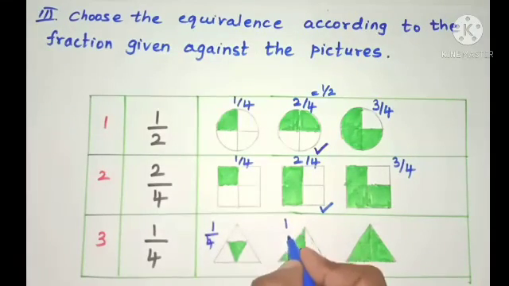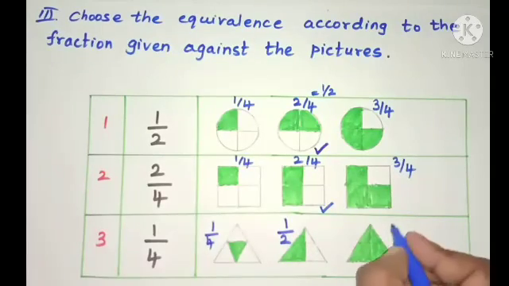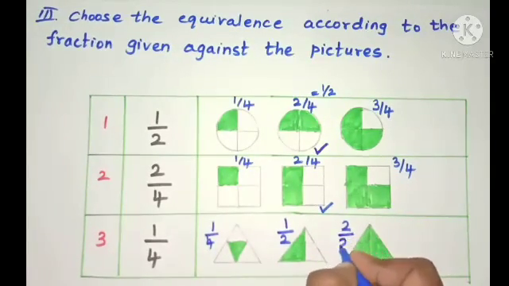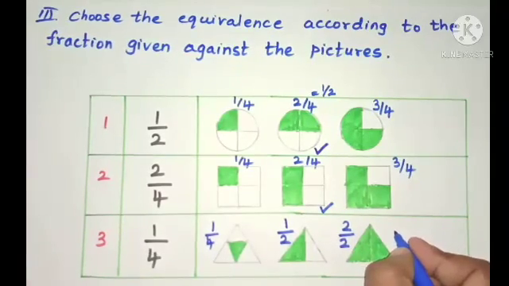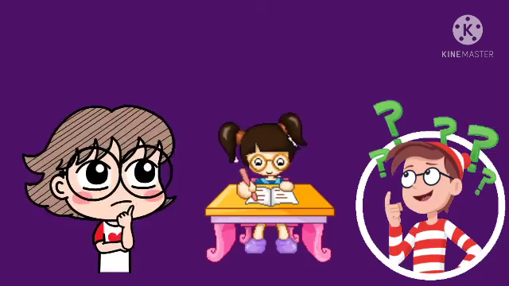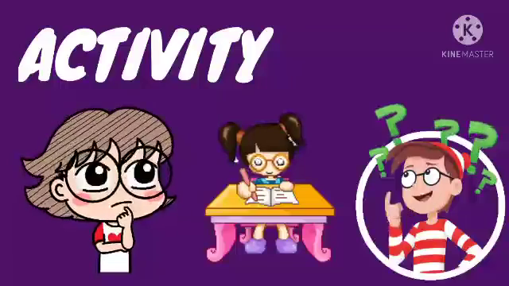And here 1 by 2. 2 equal parts. Here 2 over 2. It represents a complete triangle. A complete triangle is shaded. So 1 by 4. Yes, the first triangle represents the exact fraction 1 by 4. Children, do the following activities.